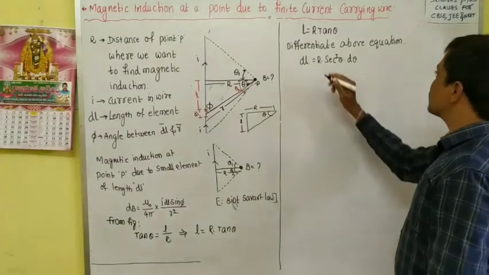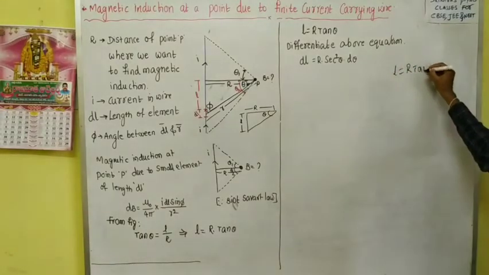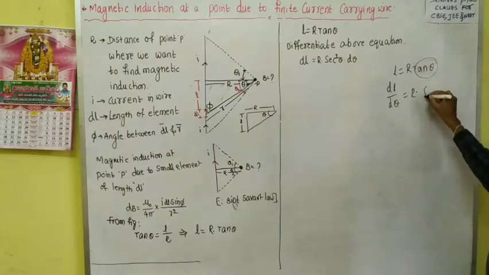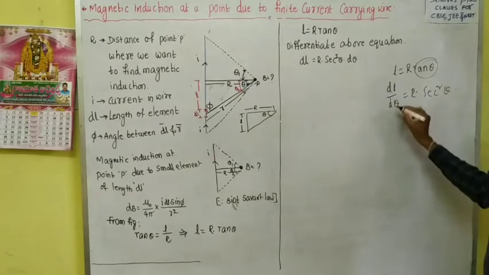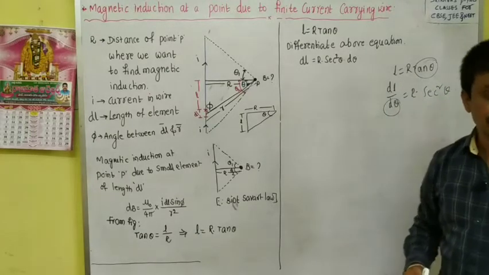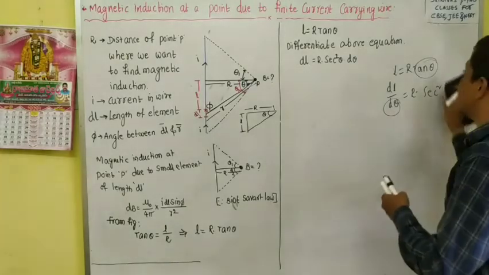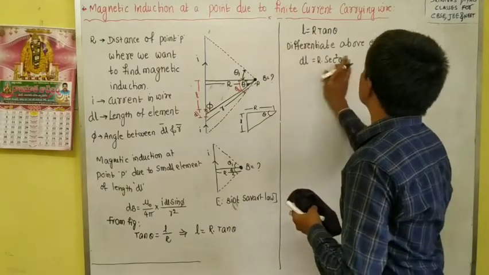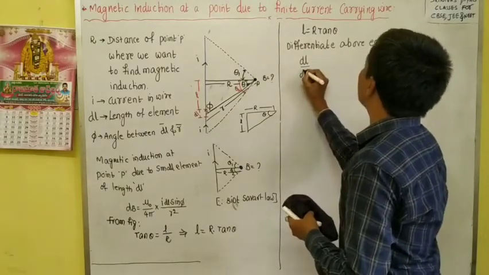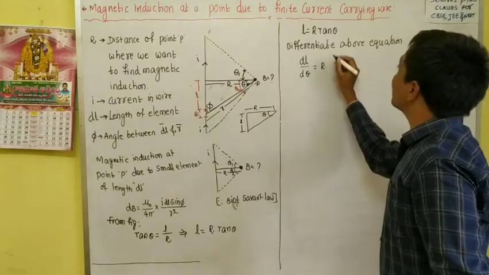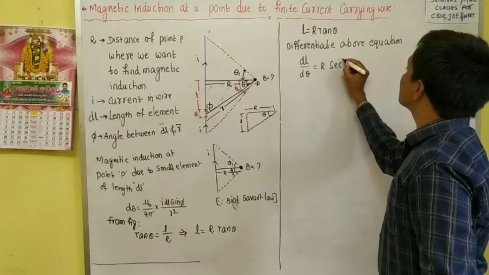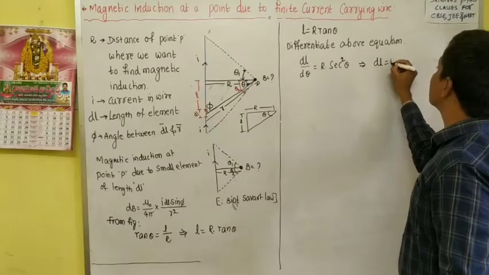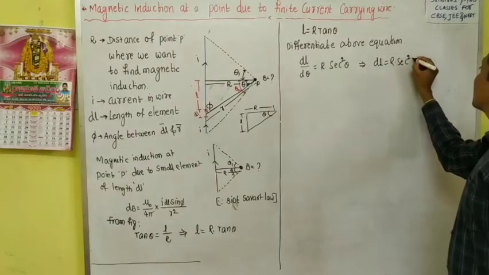Otherwise you can differentiate like this. L is equal to R tan theta. Differentiating with respect to theta, dL by d theta is equal to R into the derivative of tan theta, which is sec square theta. Taking d theta to the right side, we get dL is equal to R sec square theta d theta.